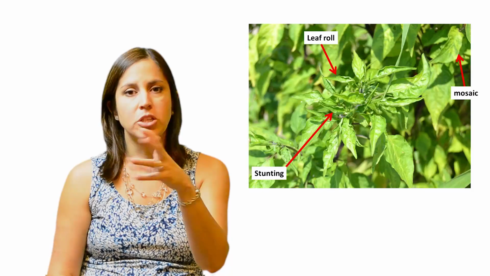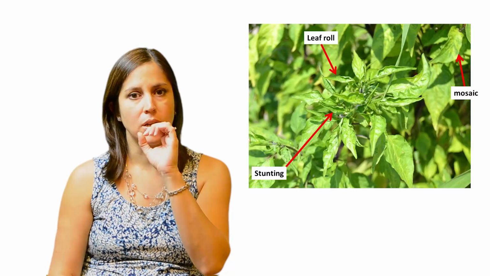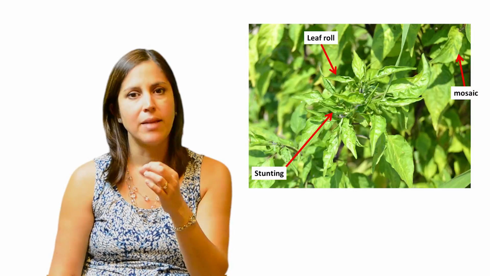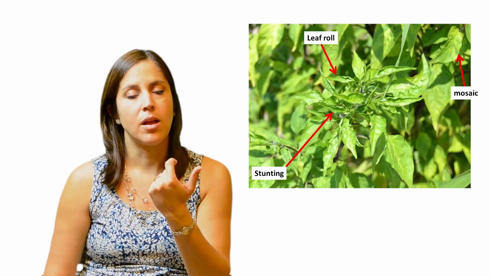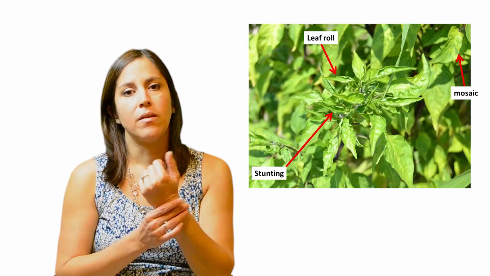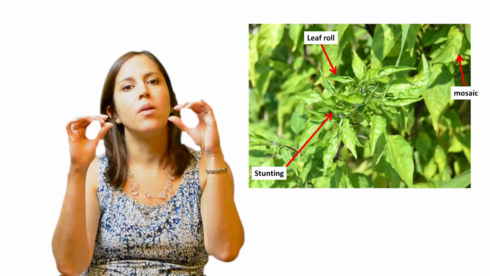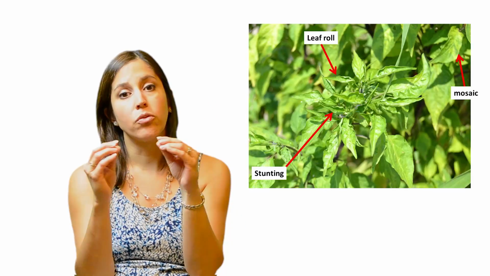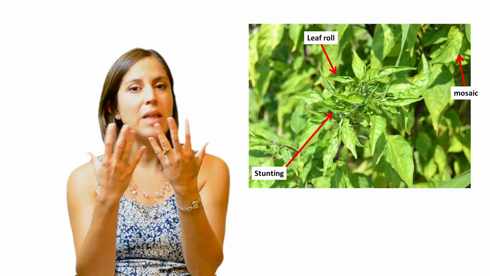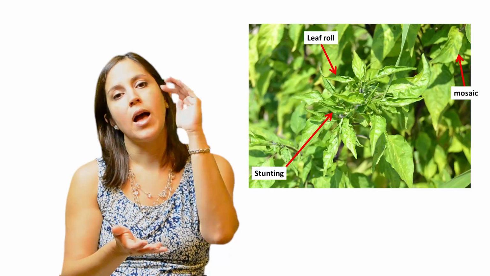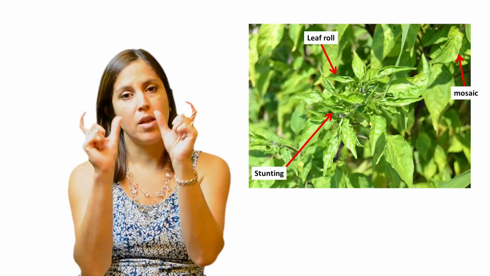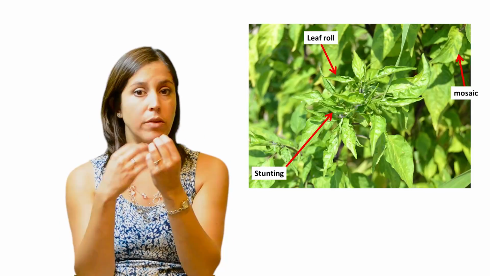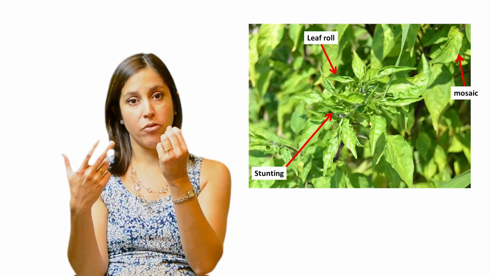Again, these are pepper plants that show very different symptoms in the same plant. With the stunting, some of the leaves are becoming really small. So it's not just the height of the overall plant that is stunted, but also some of the leaves start becoming really small instead of fully expanded leaves.